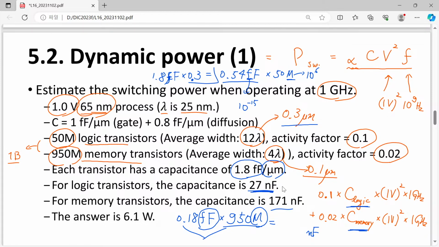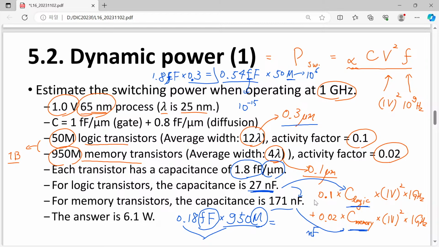So when you insert this number here and that number here, it is obvious that memory transistors have about 6 times higher overall capacitance.